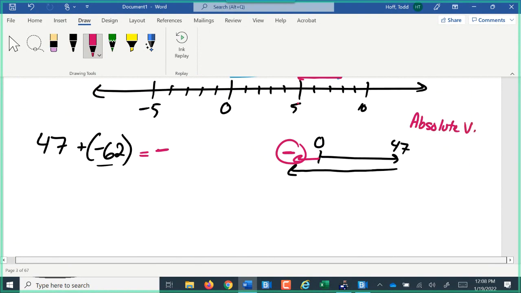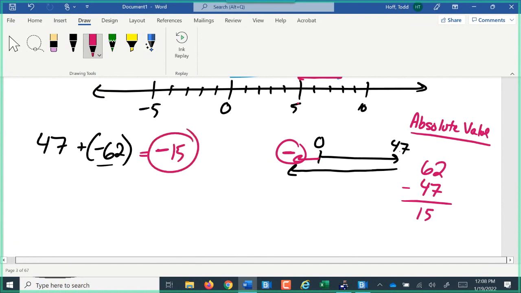It's simply the length of the vector. So here, the absolute value for the negative 62 is just 62. The absolute value for the 47 is 47. The difference there is 15 units.